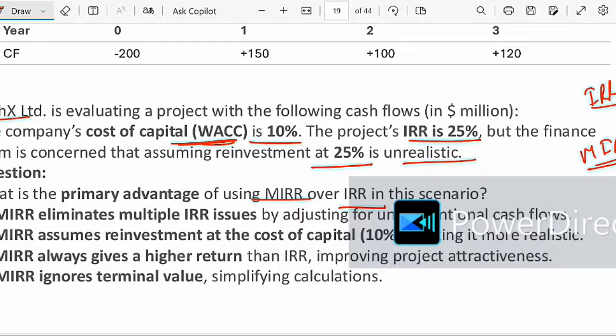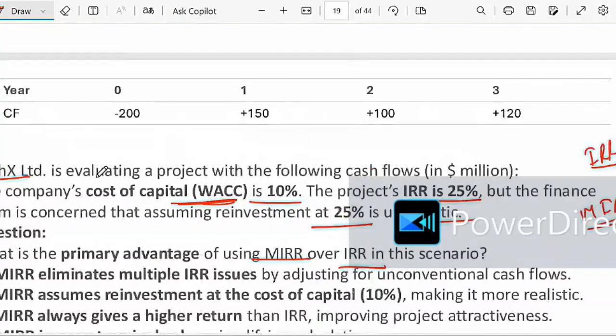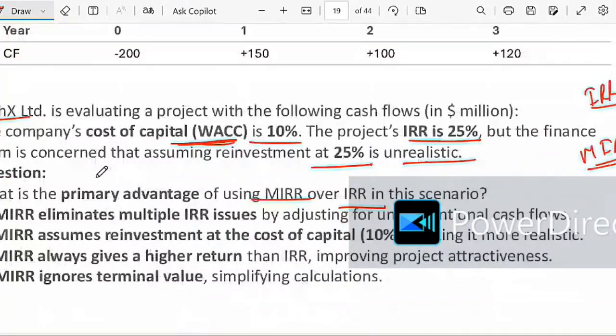So this question will tell you the advantage of modified internal rate of return over internal rate of return. See, IRR tells you the rate of return at which your project's net present value will be equal to 0, right? That rate of return at which your NPV equals 0 is called IRR. But IRR quietly assumes that every rupee or every dollar you earn gets reinvested at the same rate.